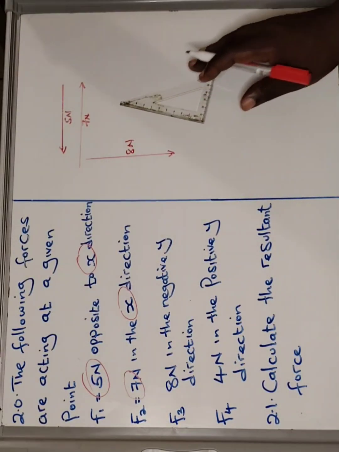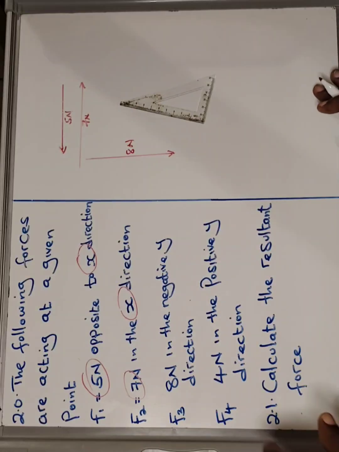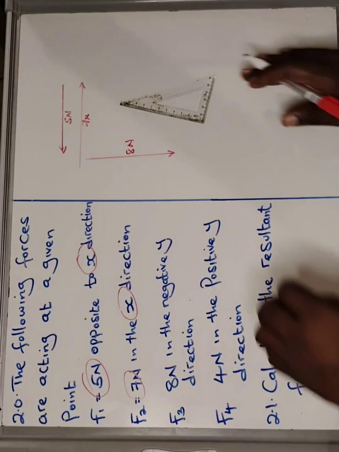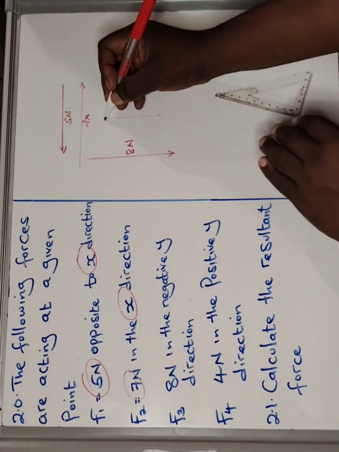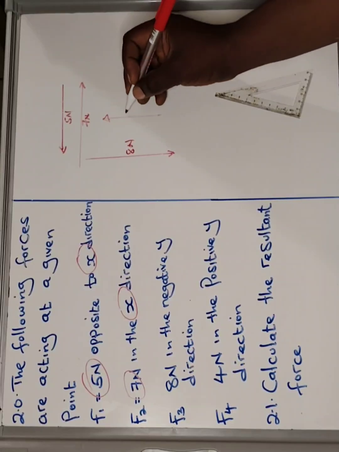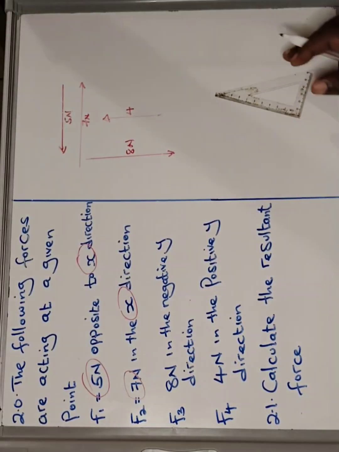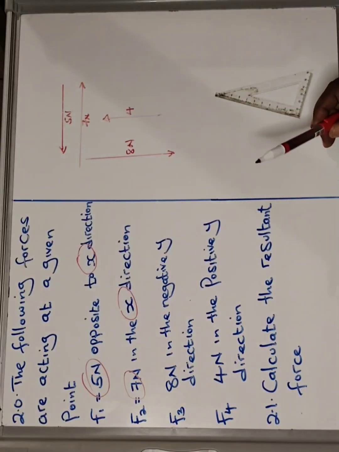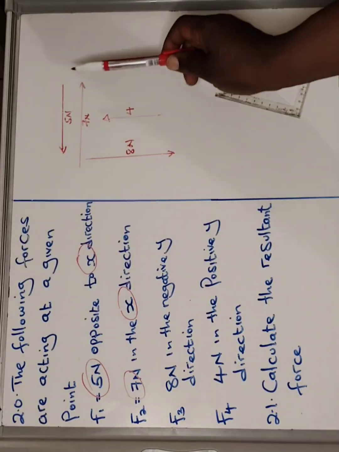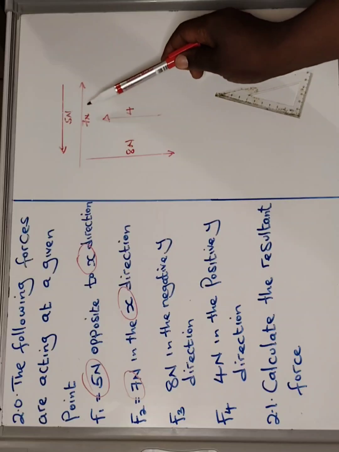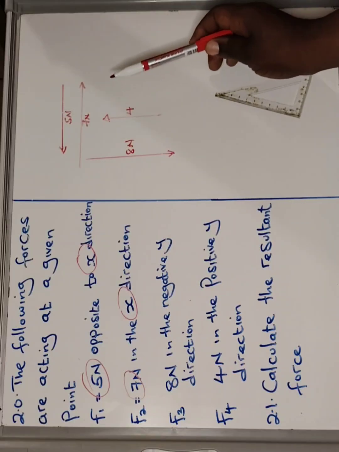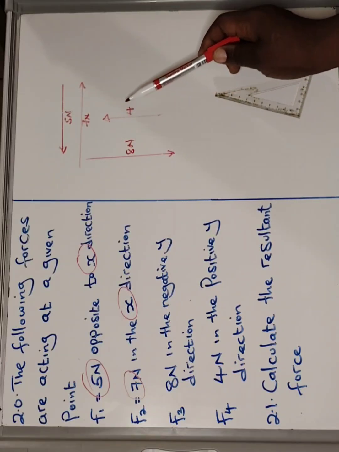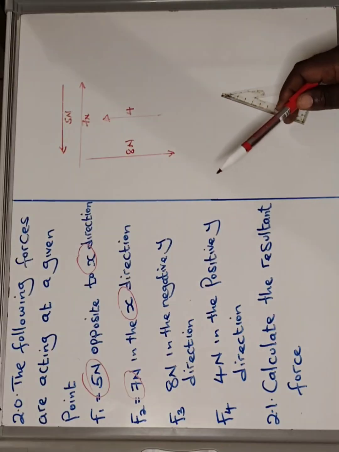And they said 4 newtons in the positive y direction is 4 newtons. Okay, you have to remember that the length represents the magnitude and the arrow represents the direction. Remember, look at here, 7 is bigger than 5, 8 is bigger than 4.